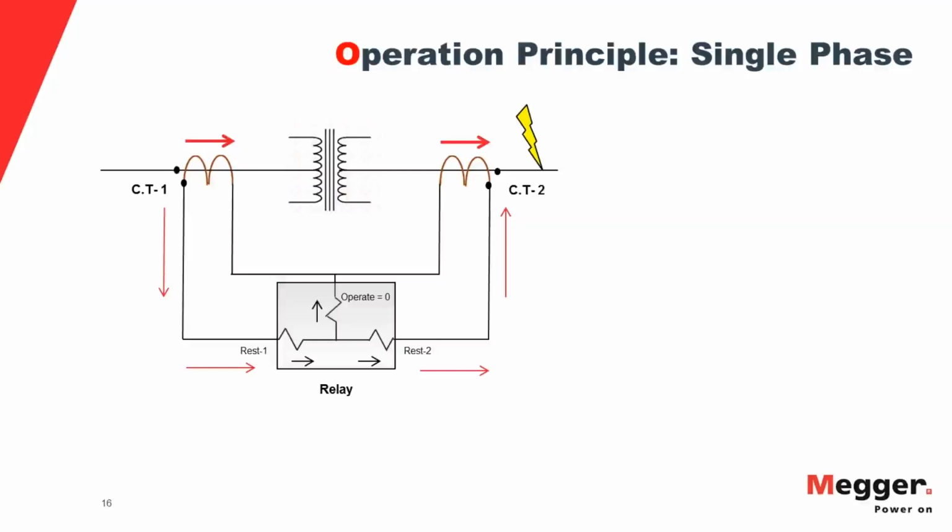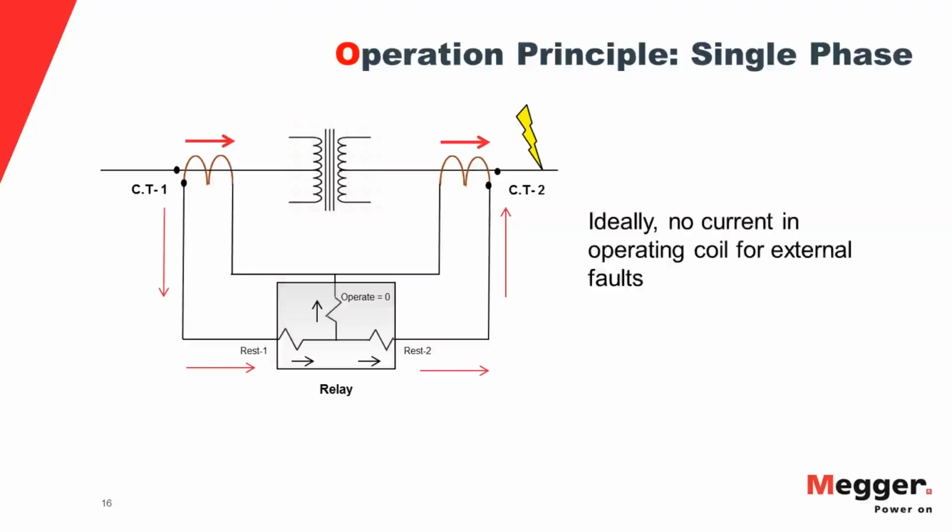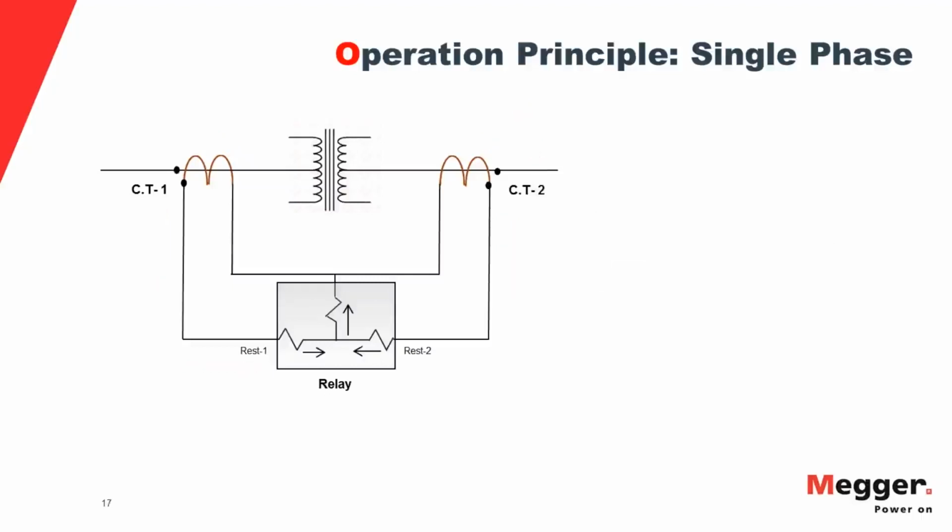Now let's take an example of a fault which is happening between both CTs. Let's assume it's a single phase to ground fault. In this example, let's say I have connected my source on the CT1 side, and there is also a source on the CT2 side. Primary current flowing through the CTs would be in this direction, and then secondary current flowing according to the CT polarity would be in this direction.